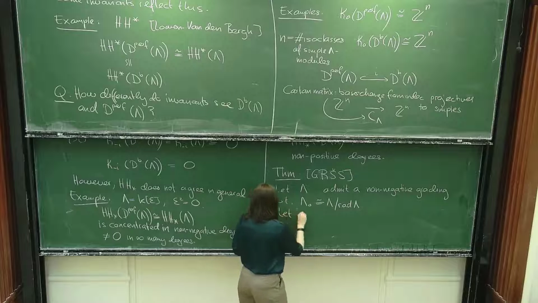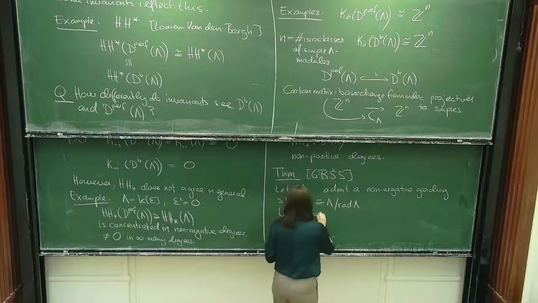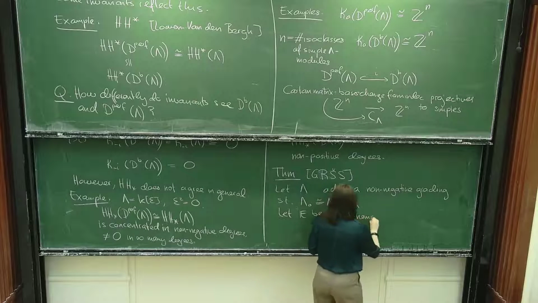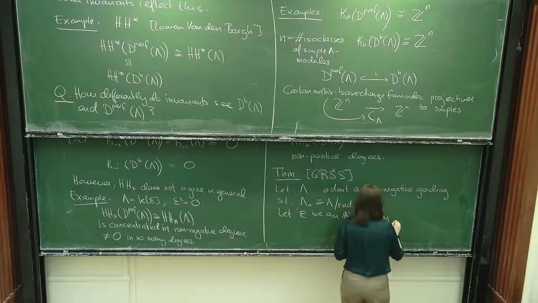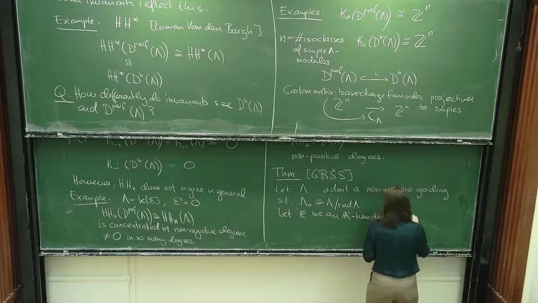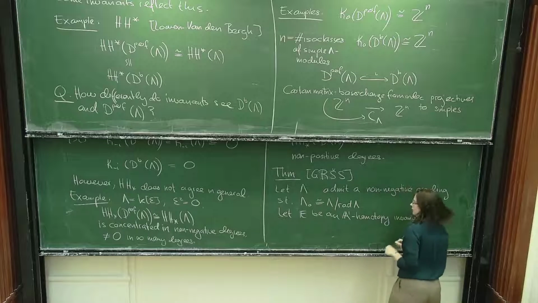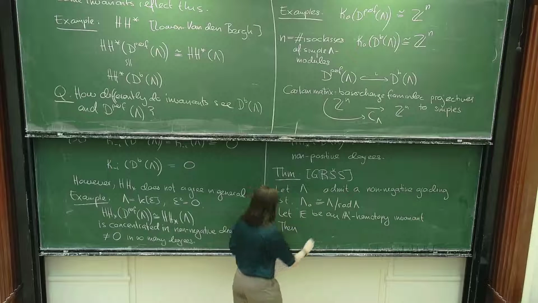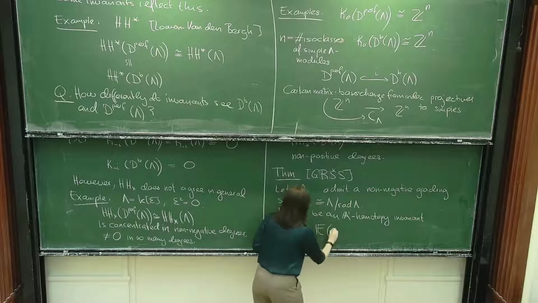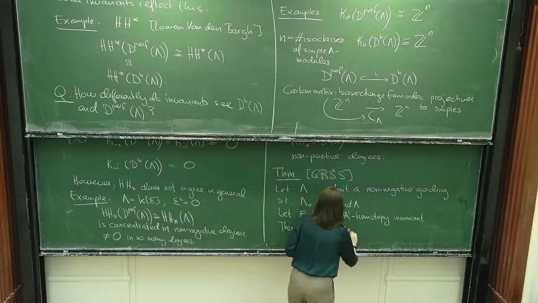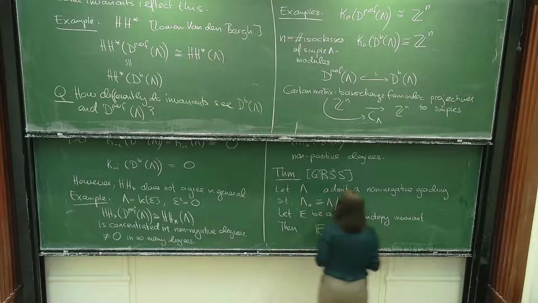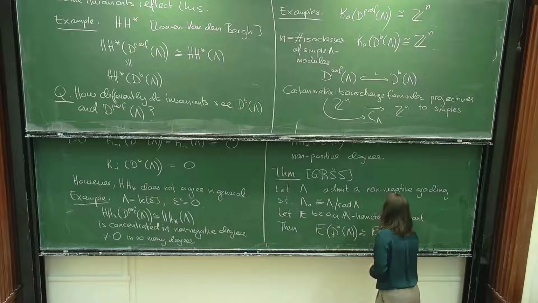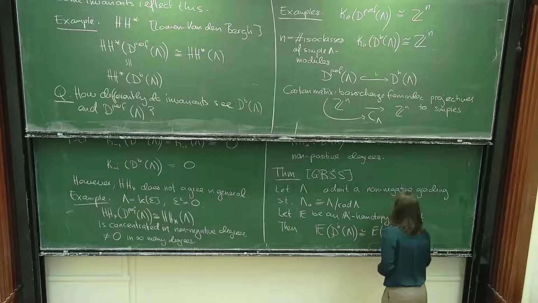So let E be an A1-homotopy invariant, then E does not see the difference between our stars. So E of dB lambda is isomorphic to E of d perf lambda.